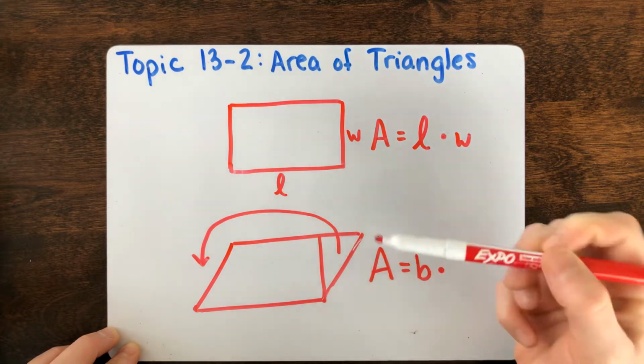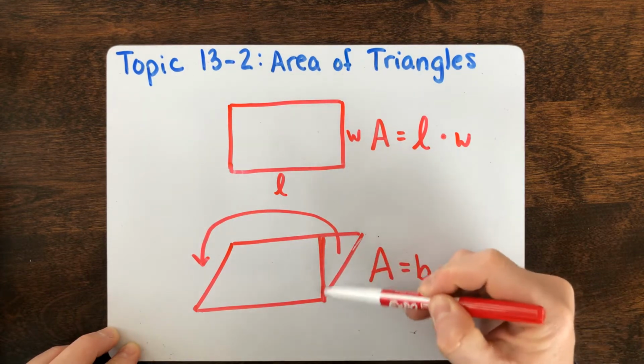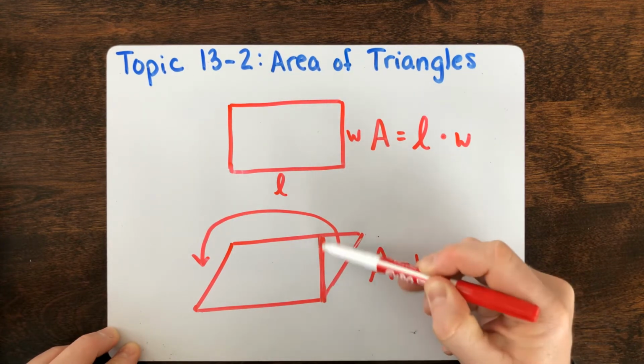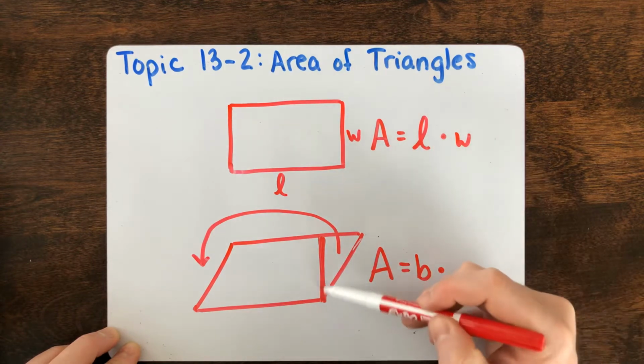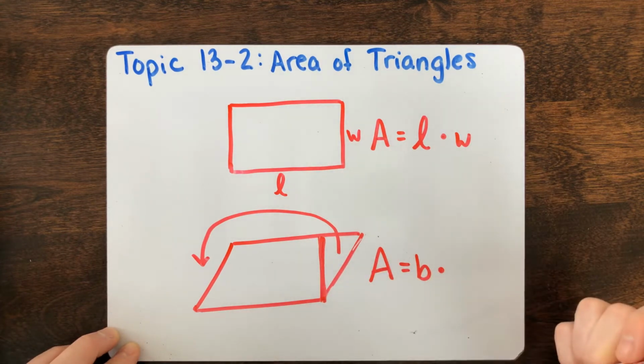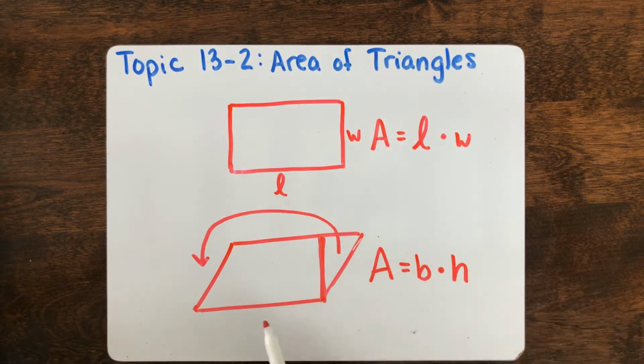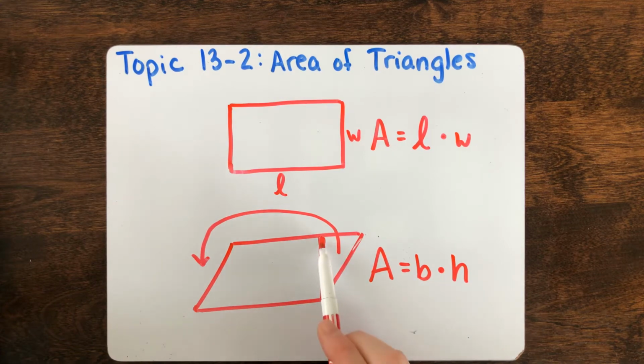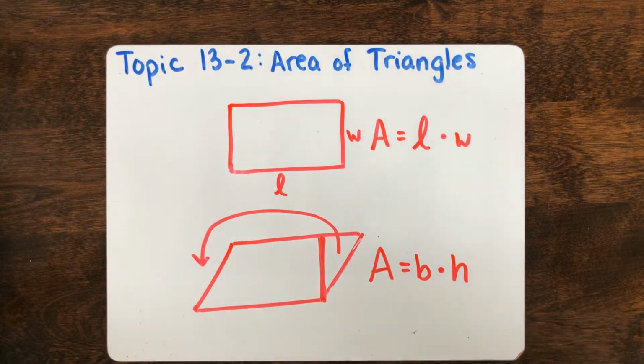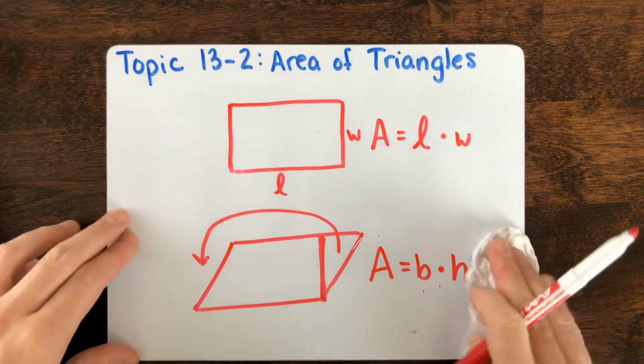Just like a rectangle, we always look at this vertical, all right? This isn't called a width either. Do you remember what this is called? This is called the height. So the area of a parallelogram is base times height. That's it, all right? So you should remember that from when we did that lesson a couple weeks ago, but all you need to know for this lesson is an area of a parallelogram is base times height, all right?